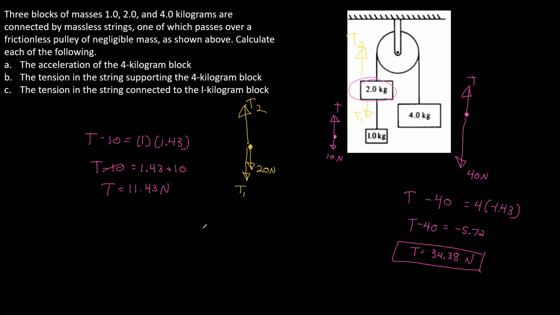So this would be T2 minus T1 minus mg, which is going to be 20 for a 2 kilogram block, equals m times a. It too will go up in the air. And we know that T, what we are calling T2, was 34.38 because we already found it.